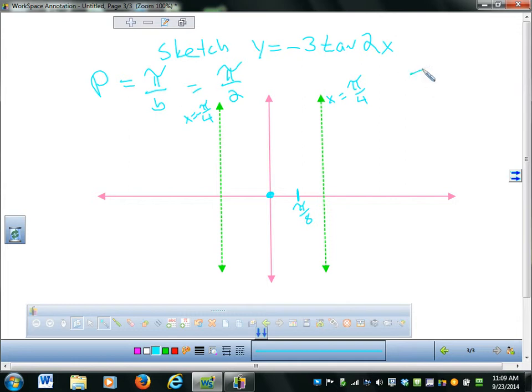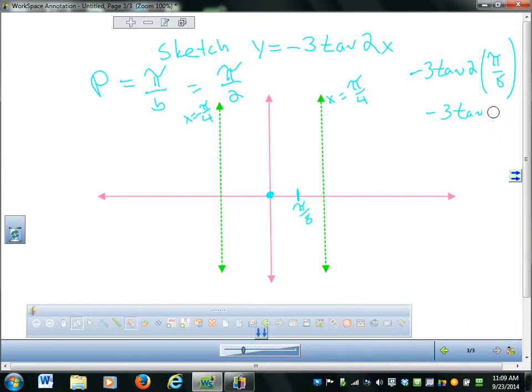Now, if I don't know what point goes here, I could plug in a point. Negative 3 times the tangent of 2 times pi over 8, which is the same as negative 3 times the tangent of pi over 4, right? What's the tangent of pi over 4? 1. Times negative 3 is going to give you what? Negative 3.